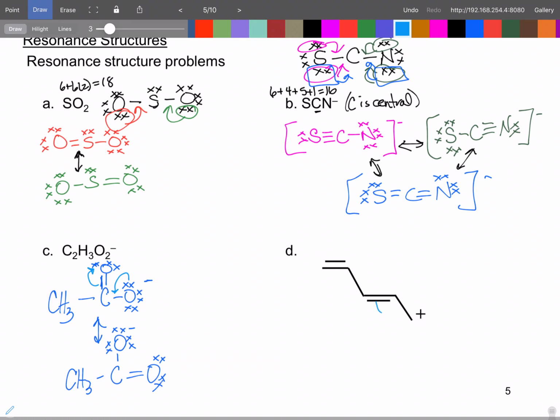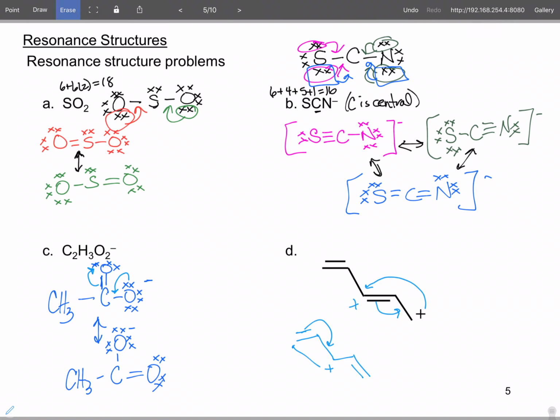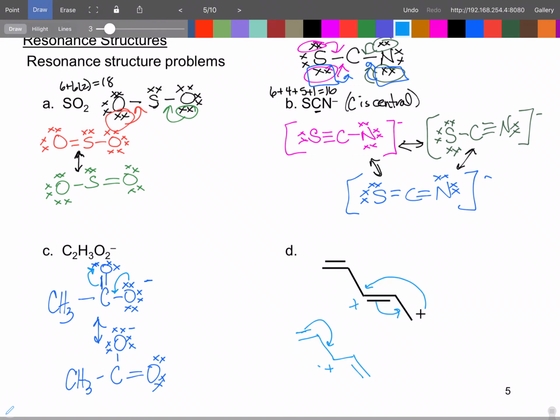And so one option is to move this double bond to here, in which case this positive would end up here. And then you would end up with this structure here, which could then migrate over here, in which case the positive moves as you go. You really shouldn't show the positive moving.